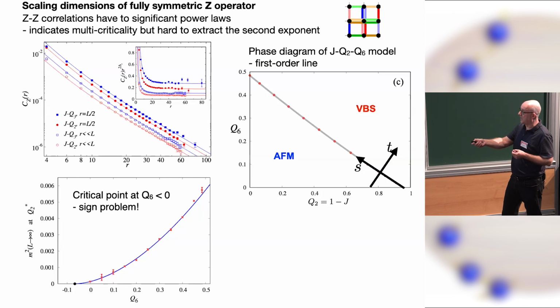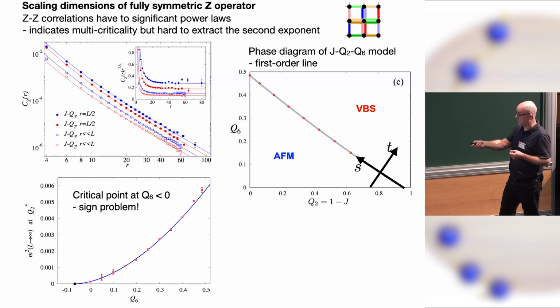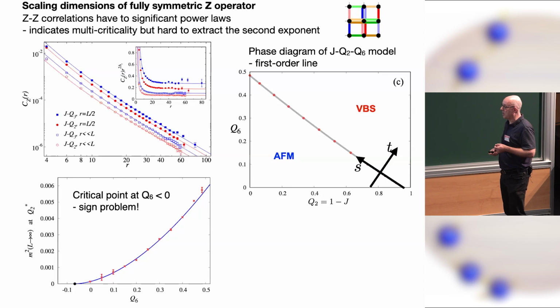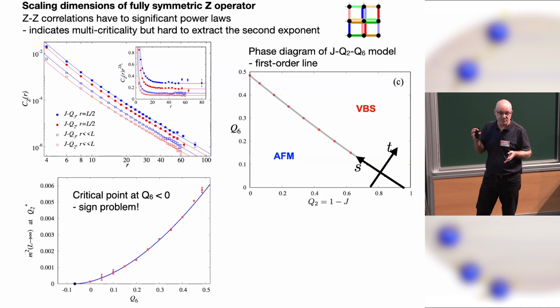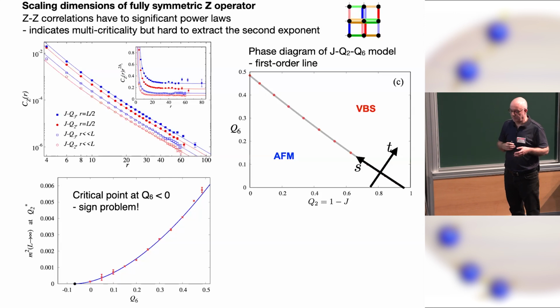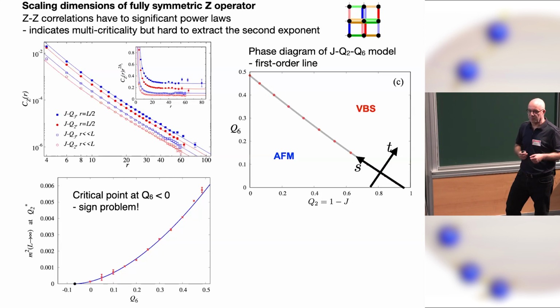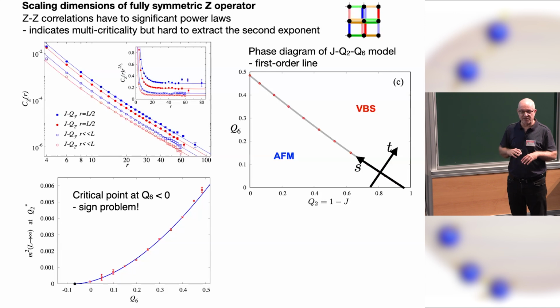That's the squared common order parameter as a function of the distance from this point here. And then a power law can be very nicely fitted there. That power law should just correspond to the exponent beta, the order parameter as you move away from the critical point. And here the order parameter is breaking SO5.